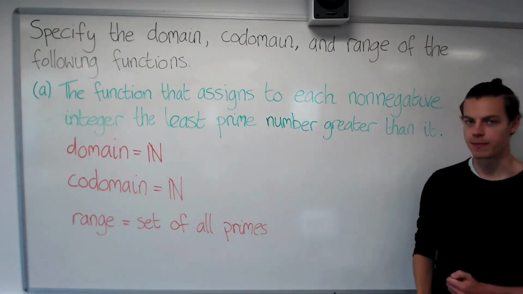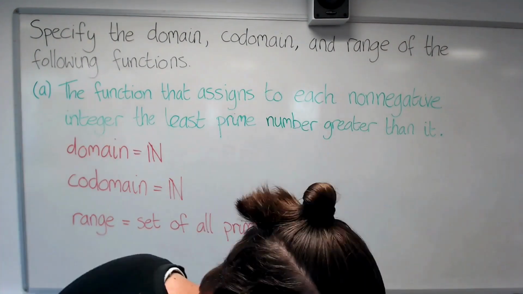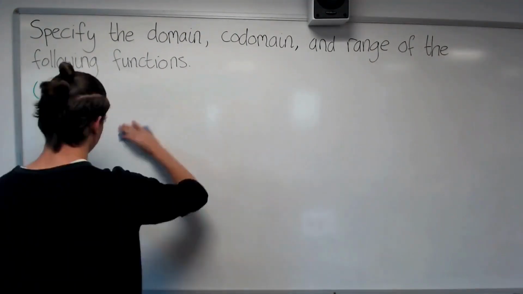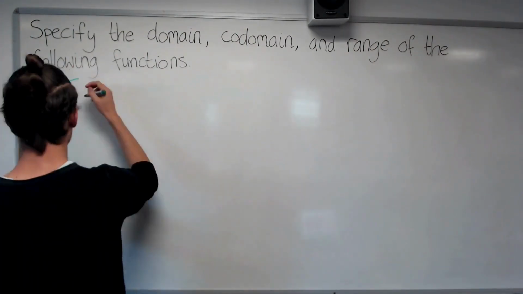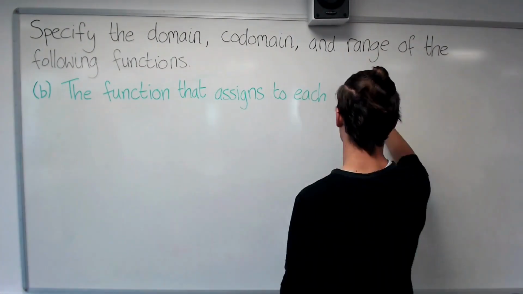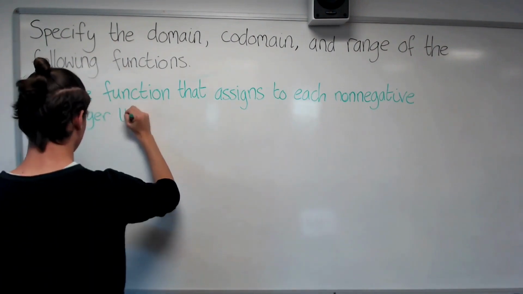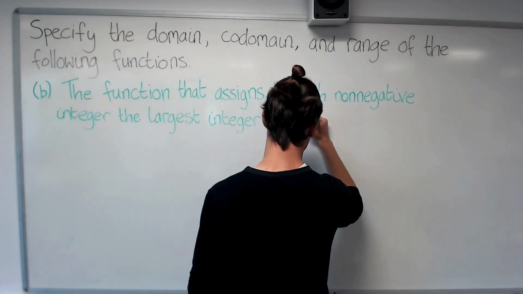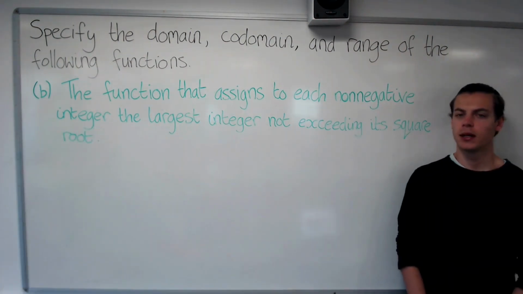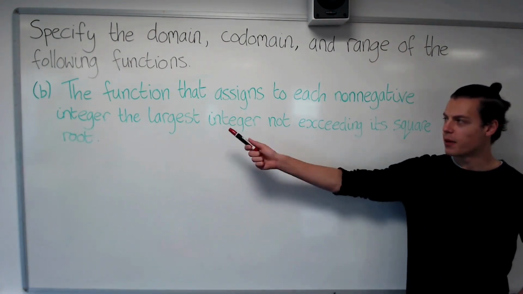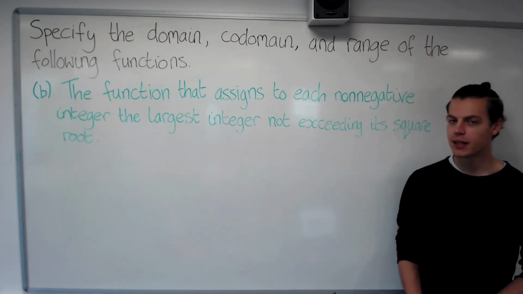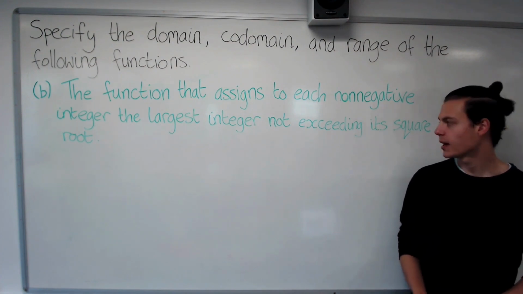Let's look at another function. Our second function is the function that assigns to each non-negative integer the largest integer not exceeding its square root.